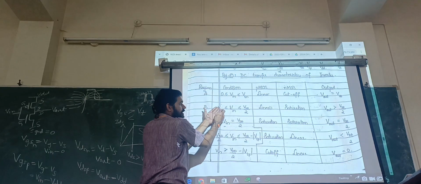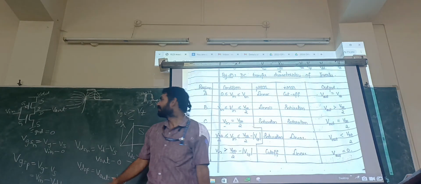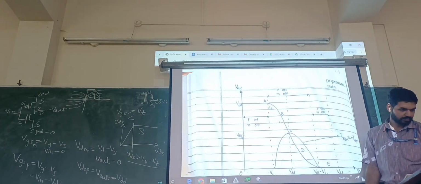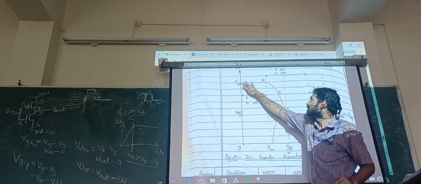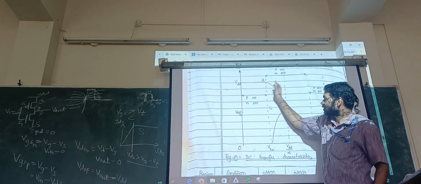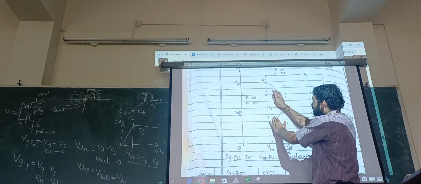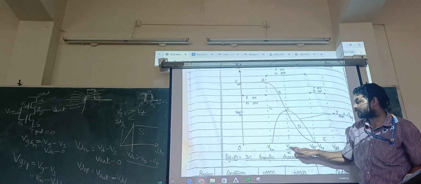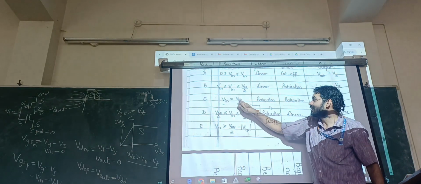If input is little more than VT but less than half, this is region B. Region C means if input is exactly VDD by 2.